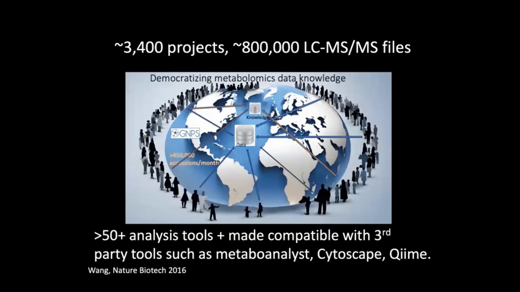But also, once you do analysis inside the GNPS ecosystem, it is now data science ready. So now you can make the data outputs ready for third-party tools to do statistical analysis in MetaboAnalyst. You can do visualization in Cytoscape, in Chime, and do high-level statistical analysis. And there are lots of other third-party tools that the output is compatible with.